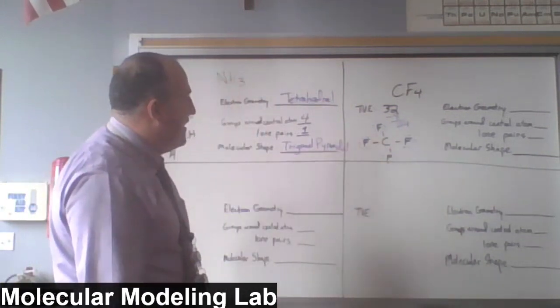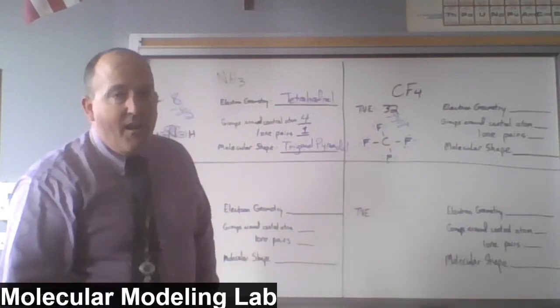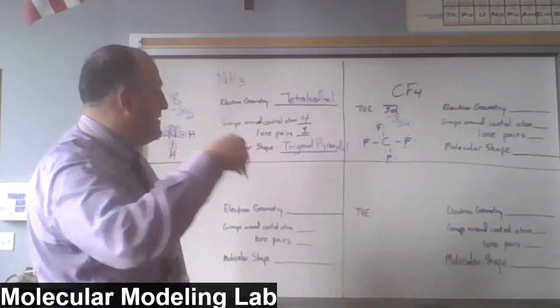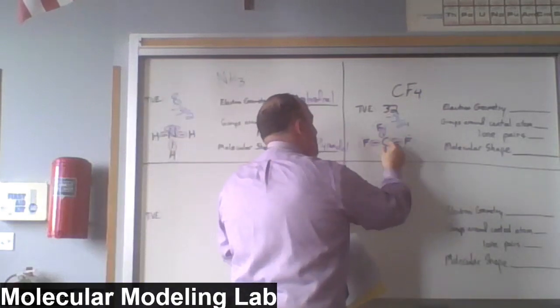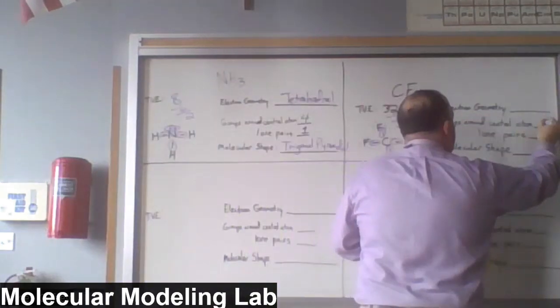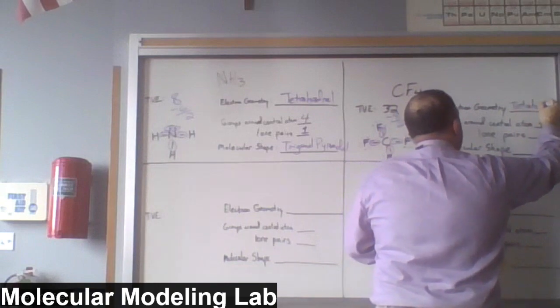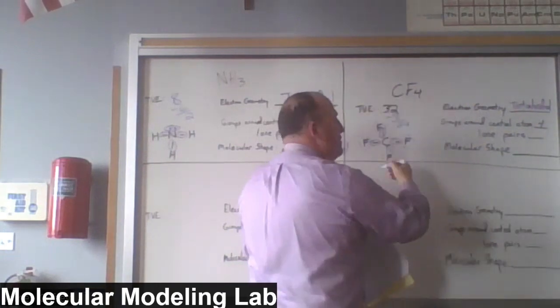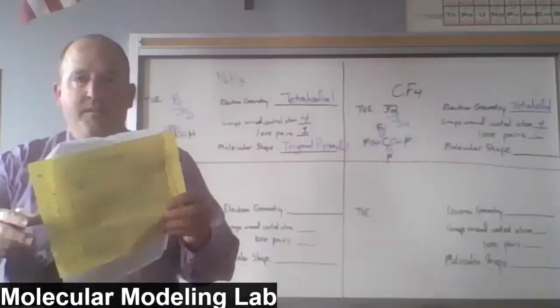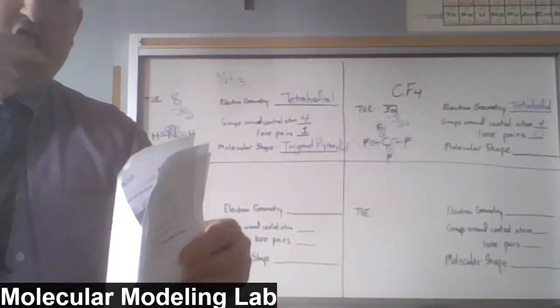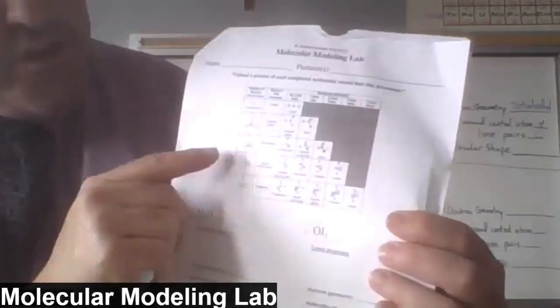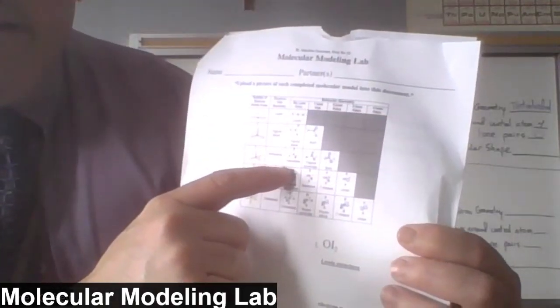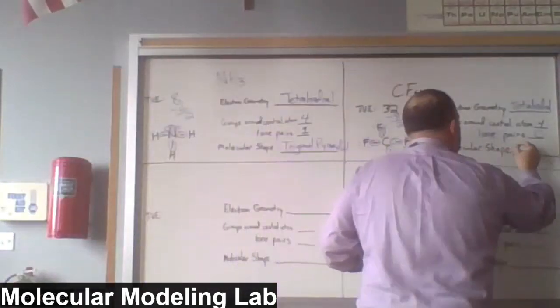So the carbon's happy, and the fluorines are happy because they have access to their own 6 electrons plus another 2 from the bond. That gives us tetrahedral electron geometry, and there are no lone pairs. So this one's kind of like CH4. If you look at your molecular shape chart, with tetrahedral geometry and no lone pairs, the name of the molecular shape matches.